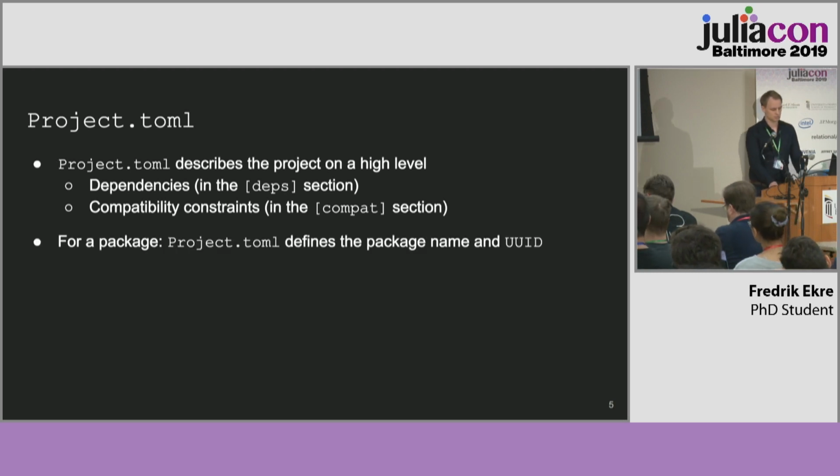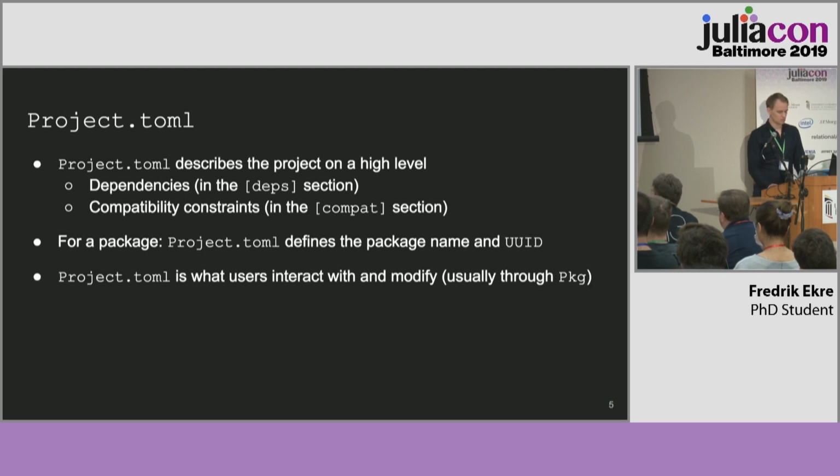For a package, the Project.toml file also defines the name and the UUID of the package. The project file is also what we as users interact with. Usually we do this through the package manager itself.